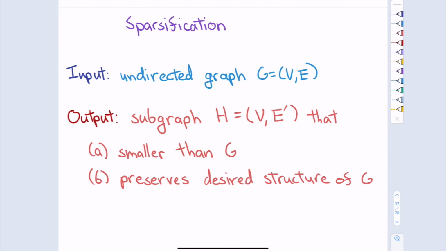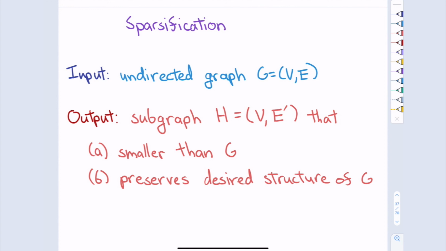It's sort of like compressing, like figuring out which details I can leave out. But it's in general a very interesting idea, the idea of taking your big input, instead of just solving your problem right away, trying to find a smaller graph and then solve it on that. And then your algorithm would just be faster because you're working with fewer edges. So that's called sparsification.